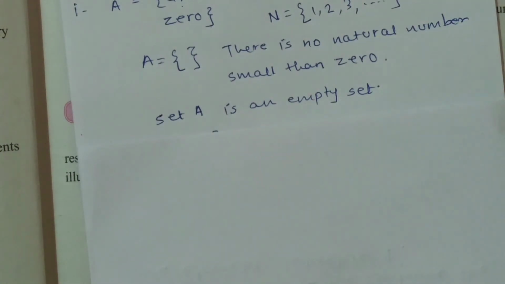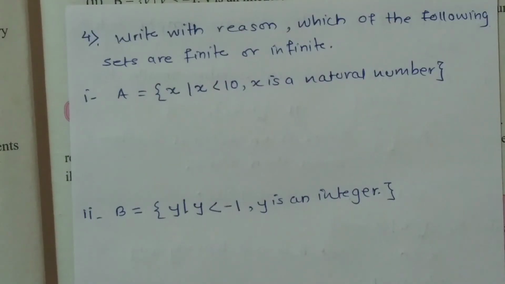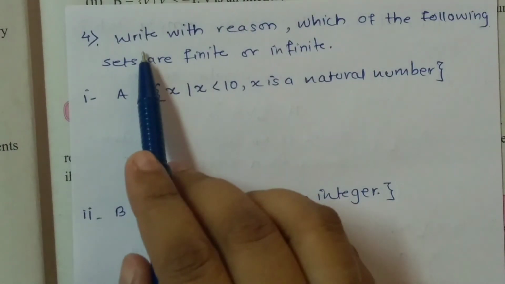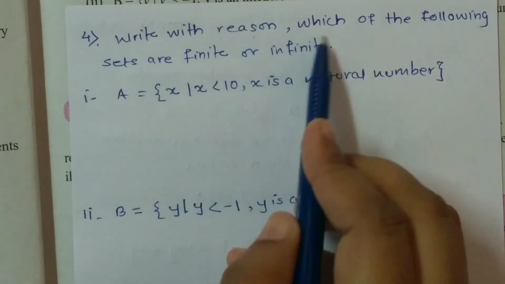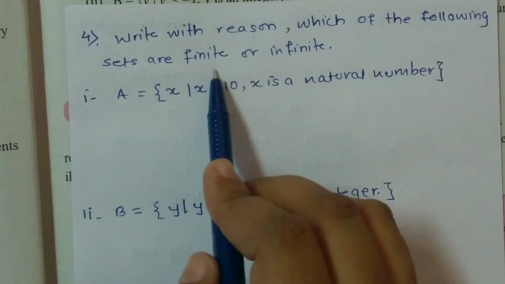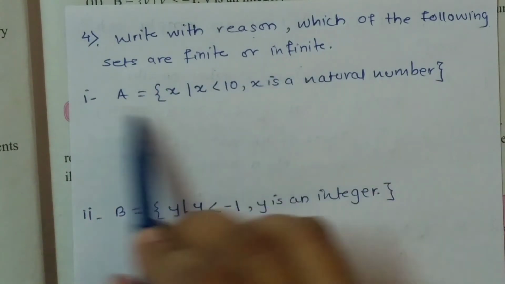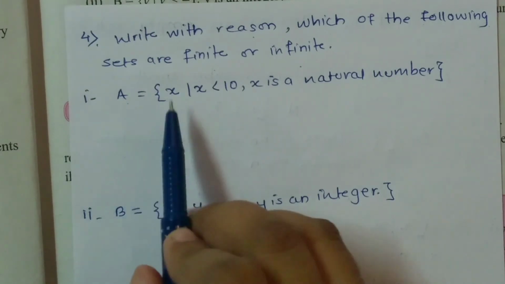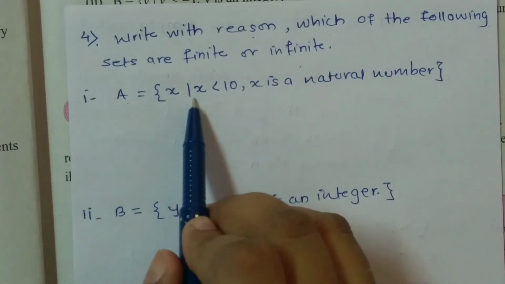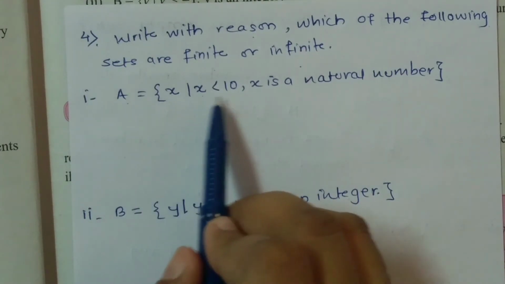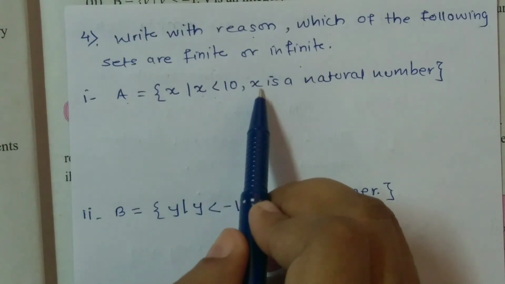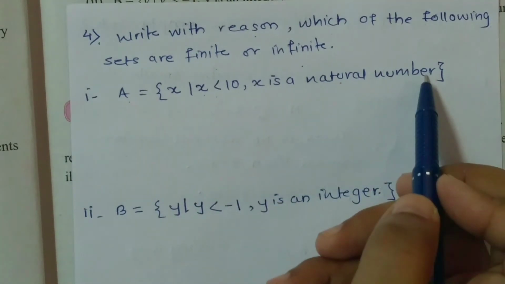Now we are seeing question number 4. Our question is: write with reason which of the following sets are finite or infinite. First, A is the set of all x such that x is less than 10 and x is a natural number.